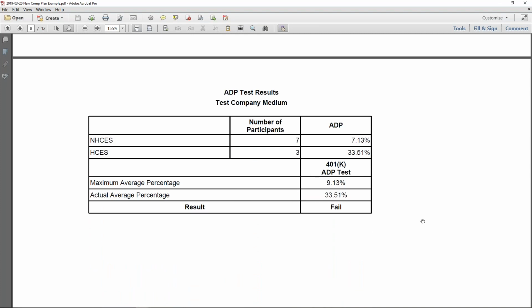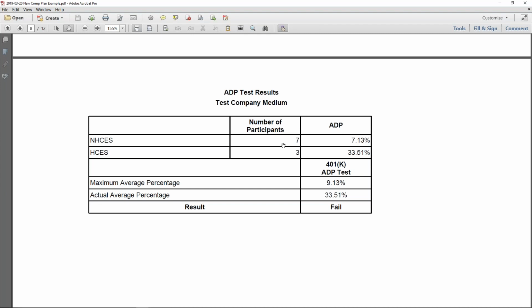You can see here some of our testing. The ADP test actually fails. Now, because it's a safe harbor, it doesn't matter that it failed. This one had the 3% non-elective. So even though it would ordinarily fail, what this is saying is that the highly compensated employees, which are 3, their deferral percentage averages 33% of their pay.